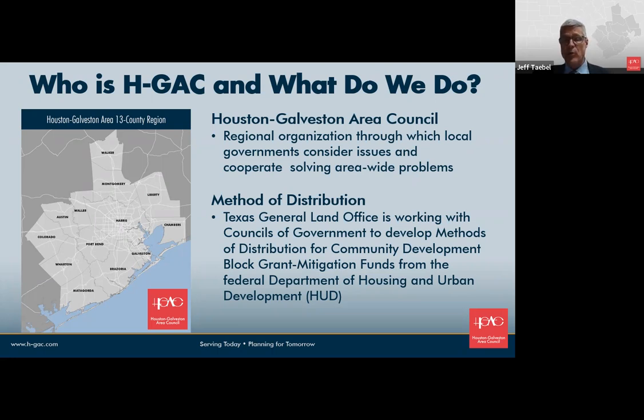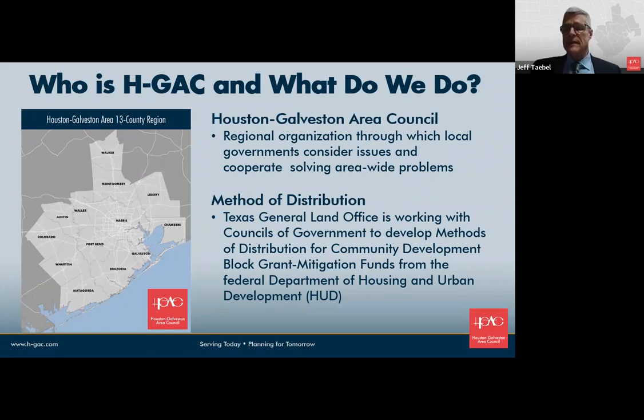As I mentioned before, we have a subcommittee of our board of directors that has been helping us review some of the options we have at our disposal for developing a method of distribution for federal community development block grant mitigation funds in this region. And that is why we introduced the GLO and the Federal Housing and Urban Development Department into this discussion.